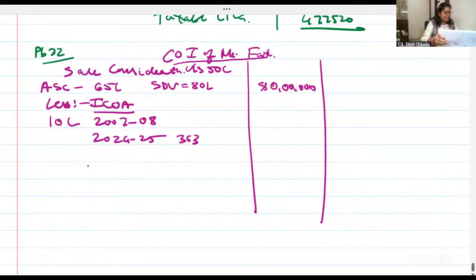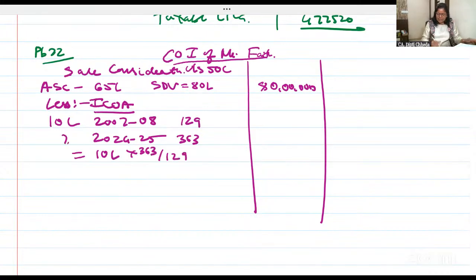So for 7 and 8 we will check up. 129 has become 363. So 10 lakhs into 363 divided by 129 is how much?